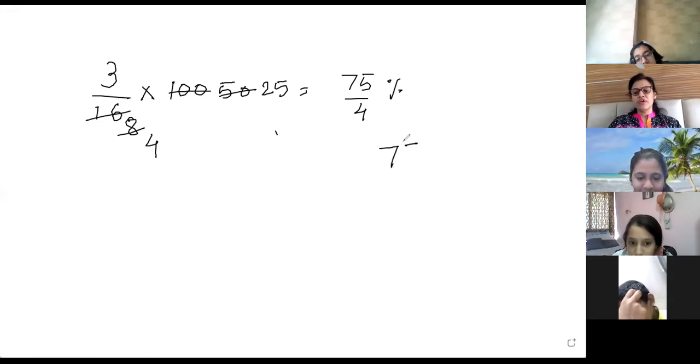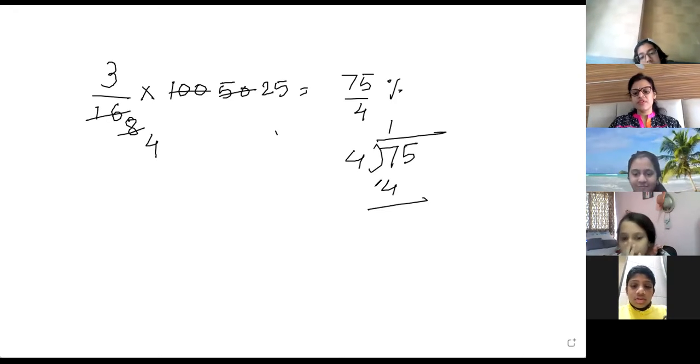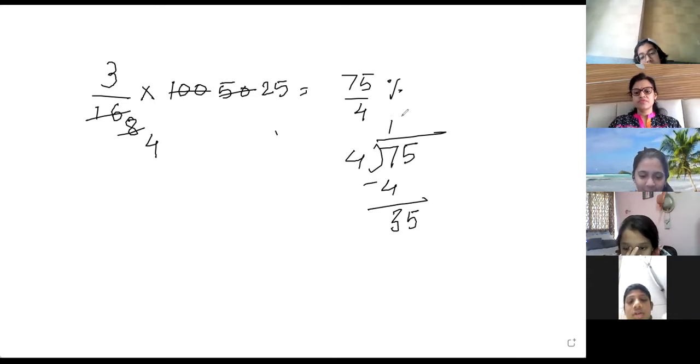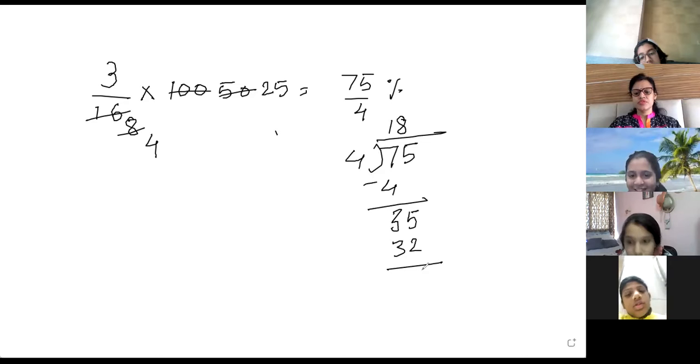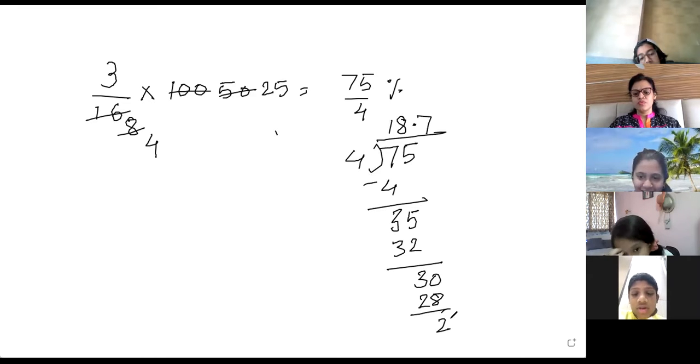Now how will you convert it? You know how to convert a fraction into a decimal. Divide it. 4 1s are 4, 5 6 7 minus, we get 3. 35, then 4 8s are 32, 0. Then 3. What will happen? Put a decimal. 0, 7, 28, 2.